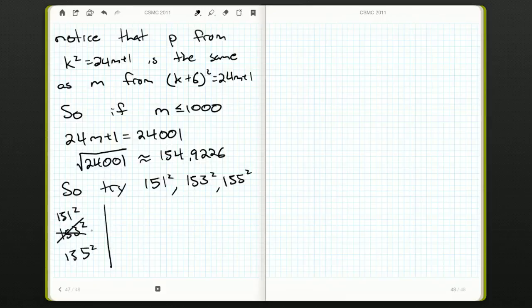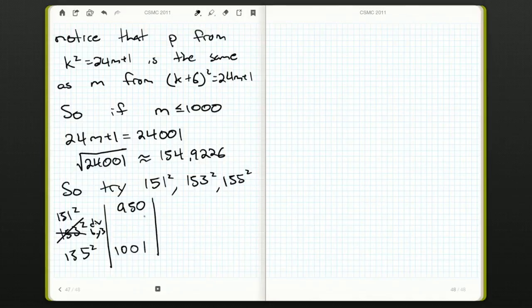This one we can't allow, divisible by 3. So 151 squared minus 1 divided by 24, we get 950 for m. How about 155 squared minus 1 divided by 24, we get 1001. That's definitely too big.